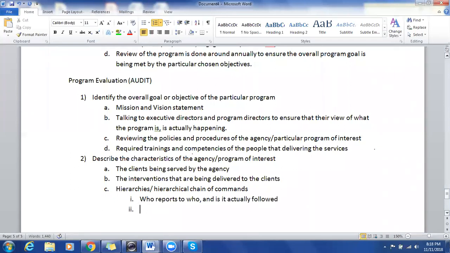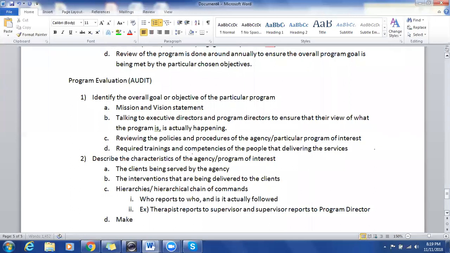An example of this, because this is kind of wonky little wording: therapist reports to supervisor, and supervisor reports to program director. However, if that's not followed, why not? And at what cost to people?